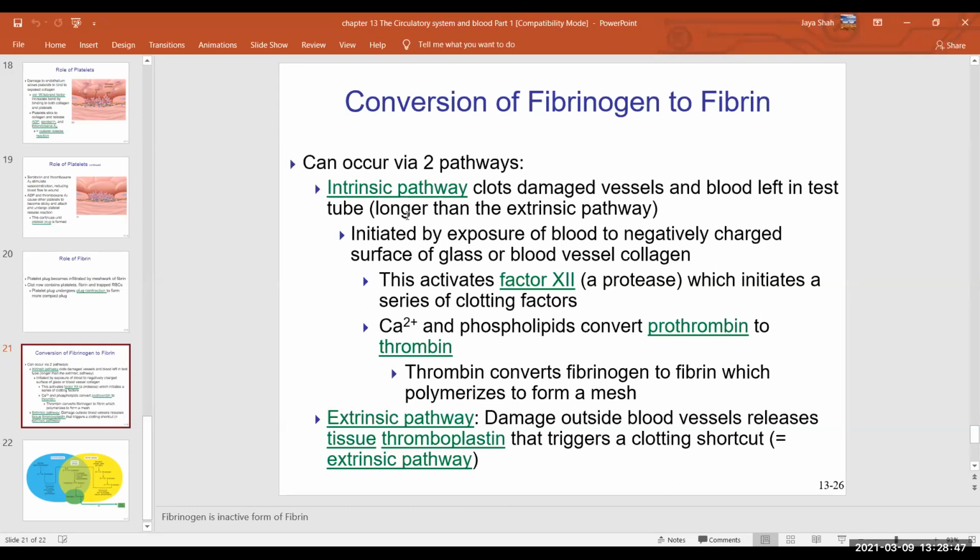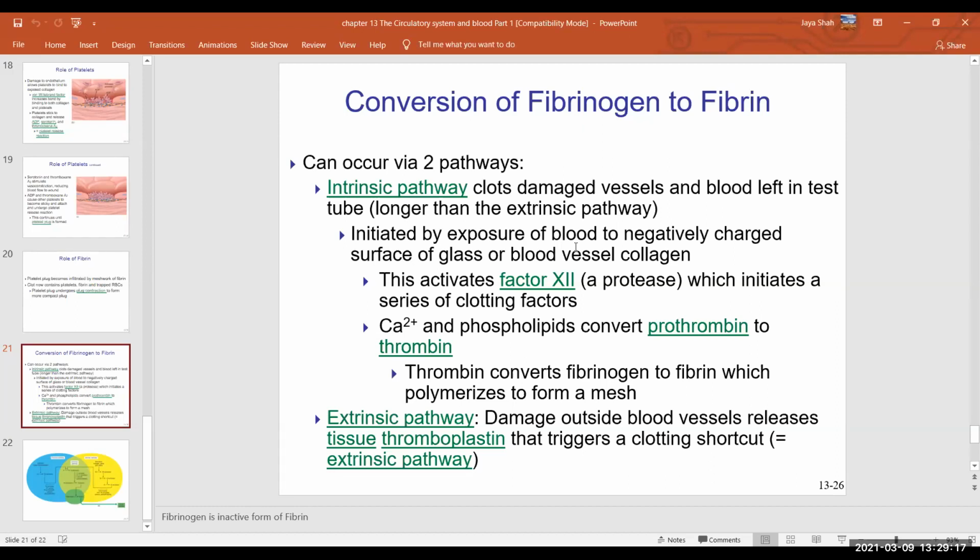Okay, so the intrinsic pathway clots damaged vessels and blood left in a test tube, either in a test tube or in damage to your blood vessel. That is initiated by exposure of blood to the negatively charged surface of glass or blood vessel collagen. So both the glass surface and collagen in the blood vessel are negatively charged, and that sticks platelets together.